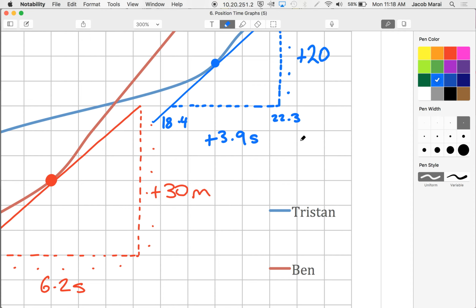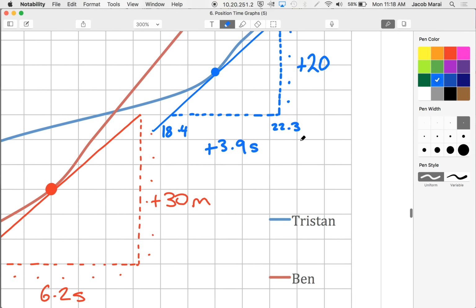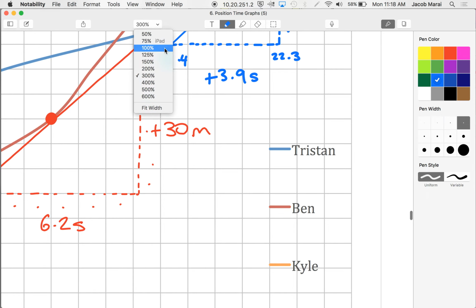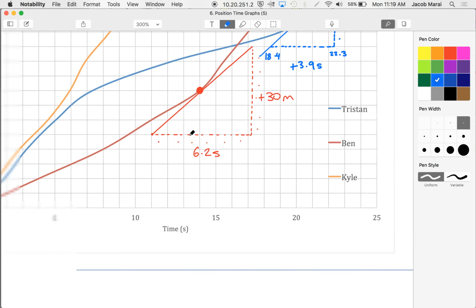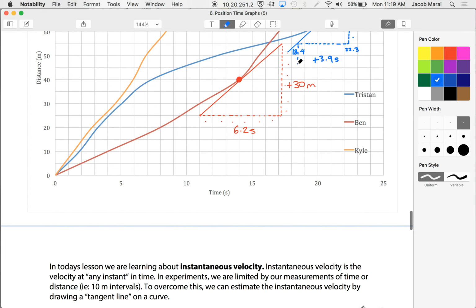Now, again, don't copy down my numbers. Your gradient might be different, your tangent might be different, but that's what I've done. There are other things you can do. If you wanted to, you could go all the way down on your graph with your ruler and write it down here, 18.4.